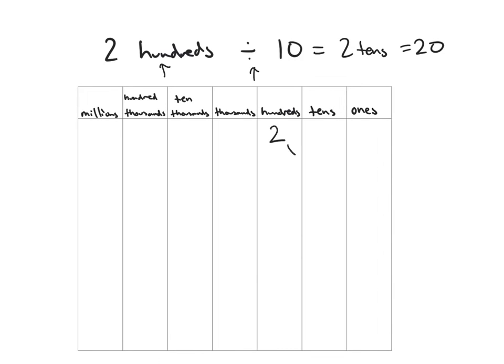And when I divide by 10, this 2 simply moves down one place value into the place value to the right, and thus becomes 2 tens or 20. So once again, we see the relationship holding true, in this case with hundreds and tens, that the hundreds place is 10 times larger than the place value to its right. And also it would be 10 times smaller than the place value to its left.